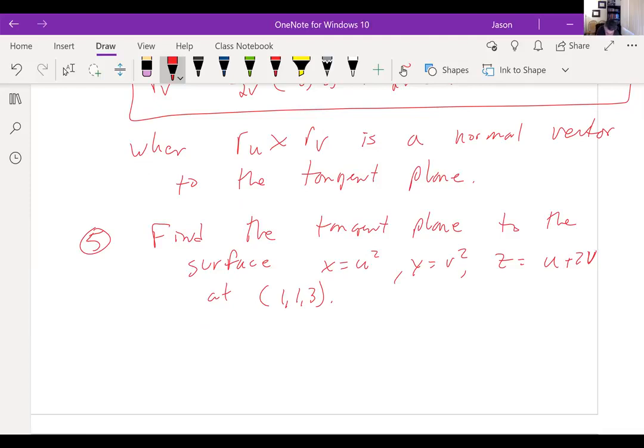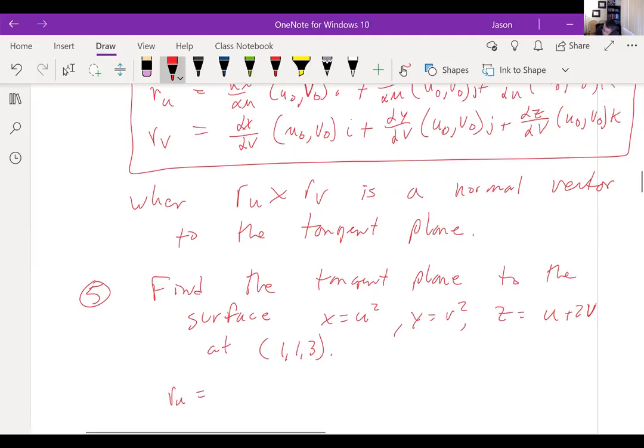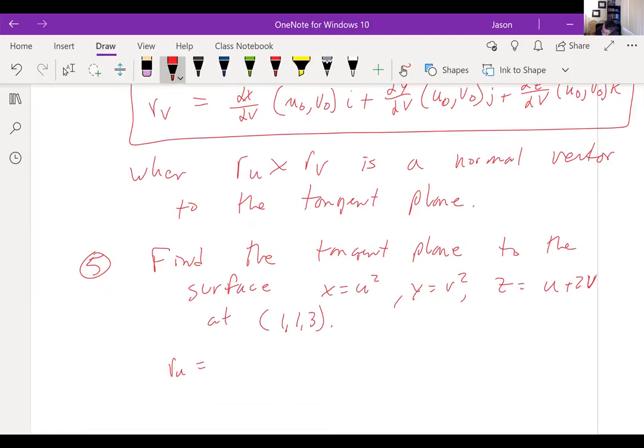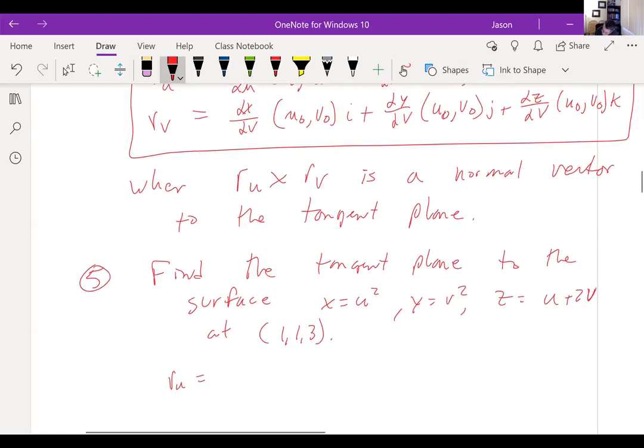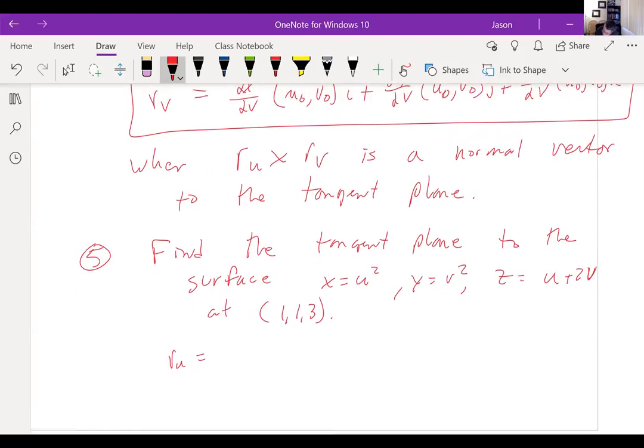And what are we going to say? Well, r_u is equal to the partial of x with respect to u, which is going to be 2u i, plus the partial of y with respect to u.